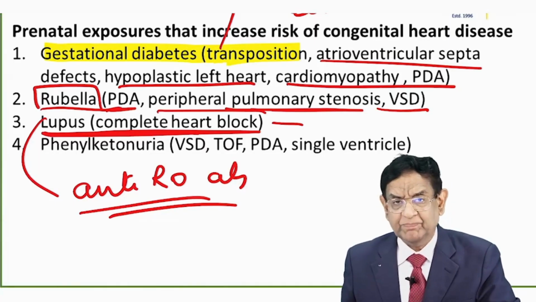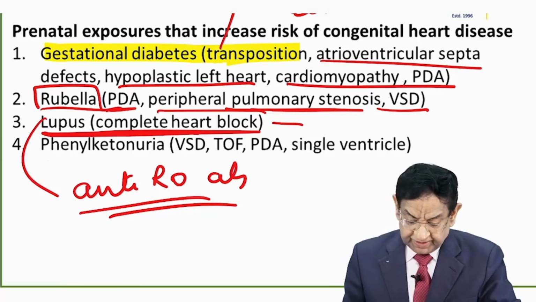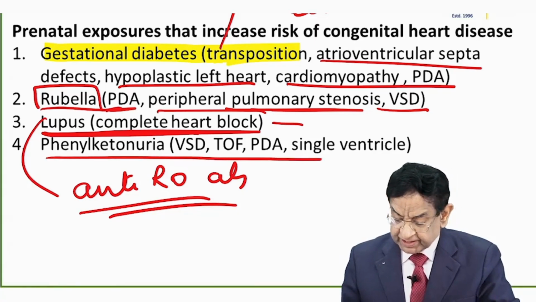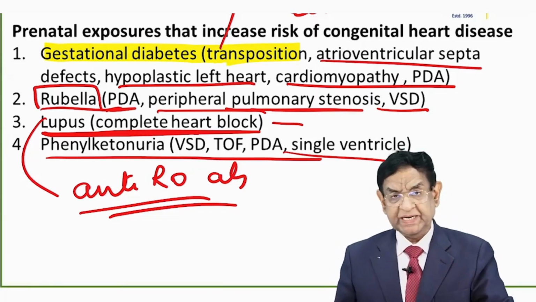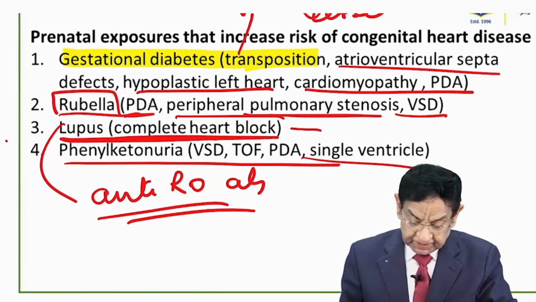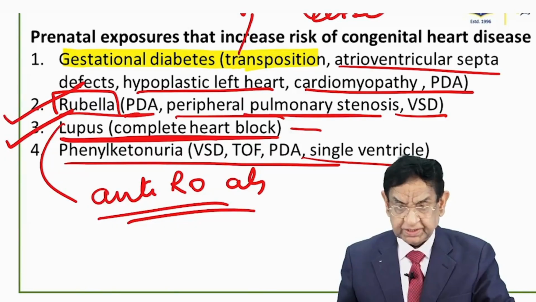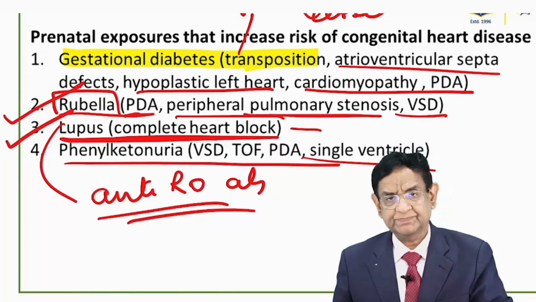The child will be born with complete heart block. Phenylketonuria: VSD, tetralogy of Fallot, PDA, single ventricle, plenty of problems can be there. But from the exam point of view, these two are very important. Can't afford to forget.